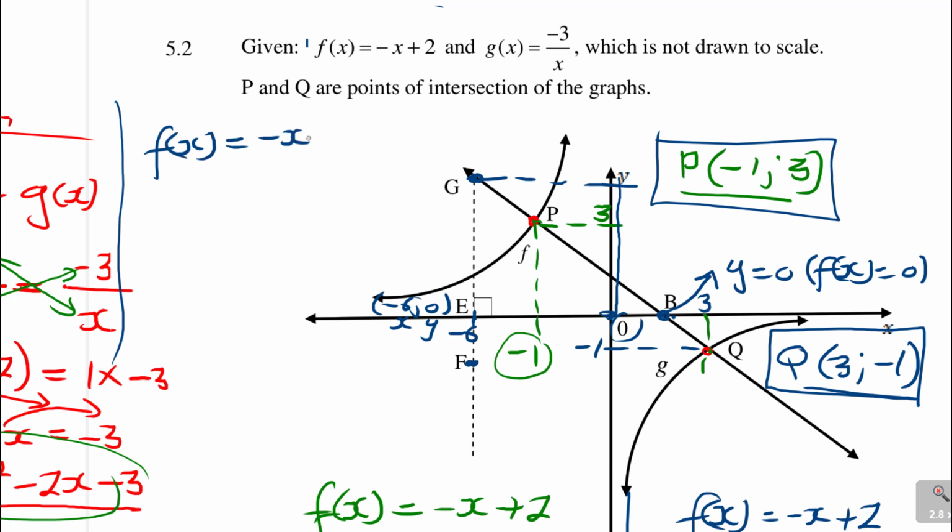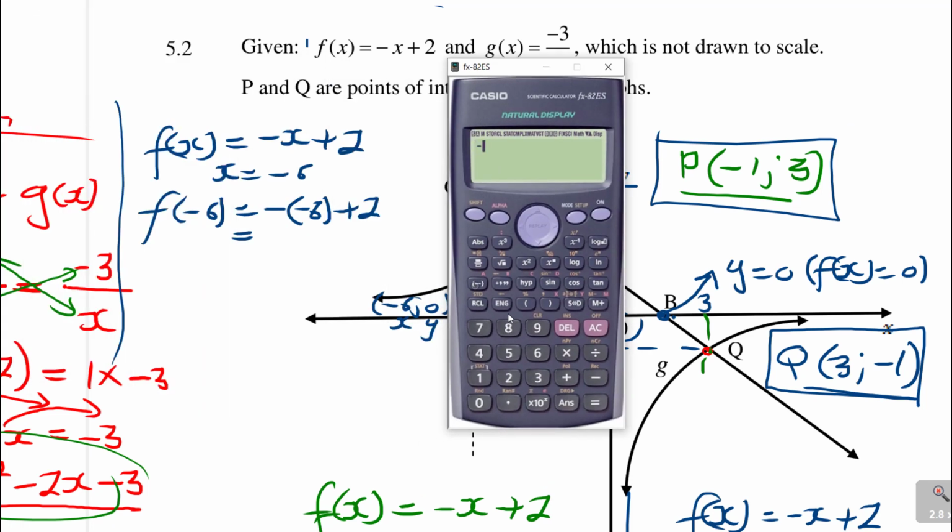So you're saying f of minus 6 is equal to minus (-6) plus 2. So we want to check what that is. It will give me 8.